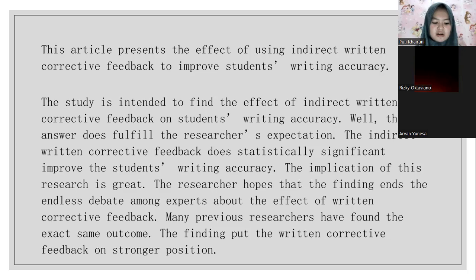The implication of this research is great. The researcher hopes that the findings end the endless debate among experts about the effect of written corrective feedback. Many previous studies have found the same outcome. The finding puts written corrective feedback in a stronger position.